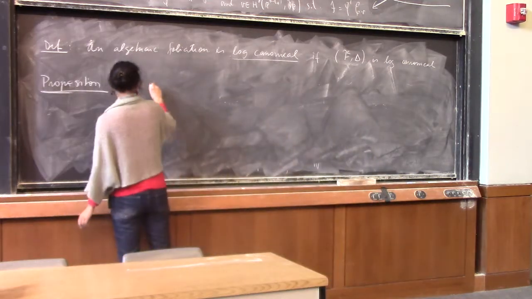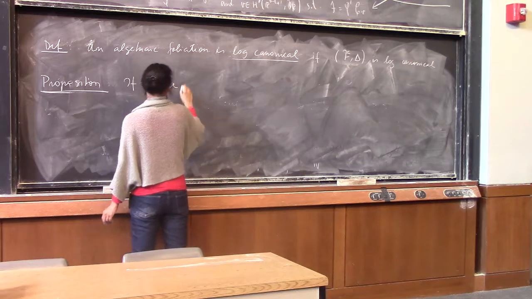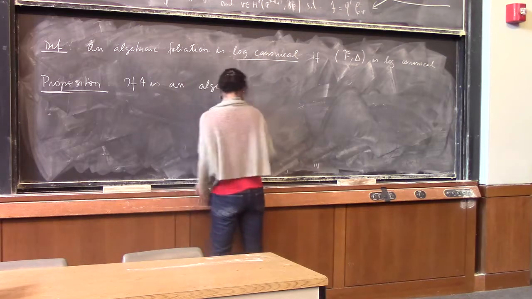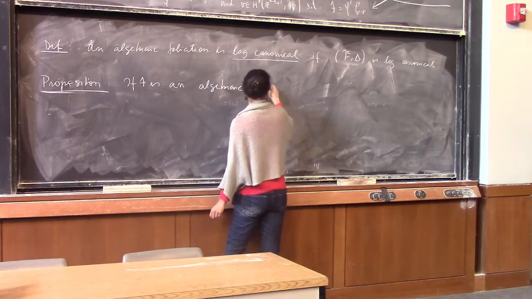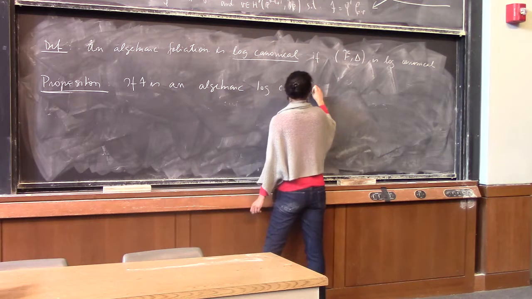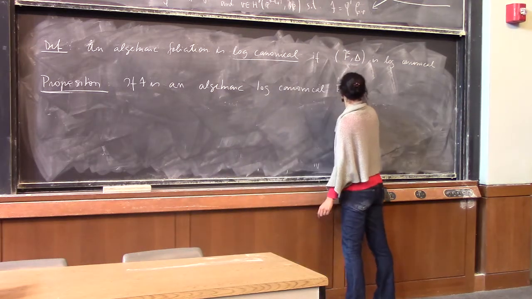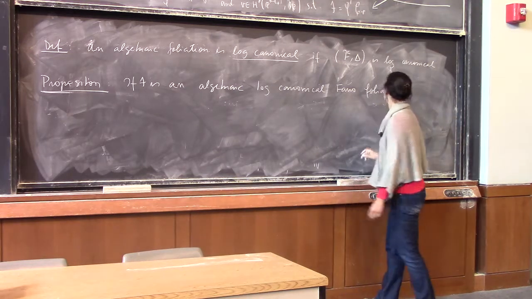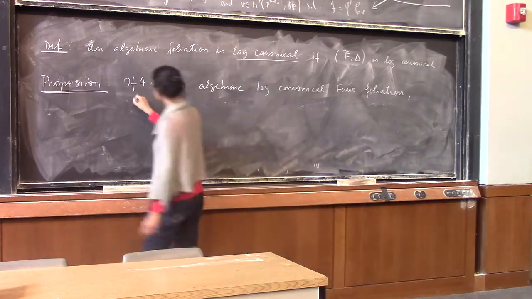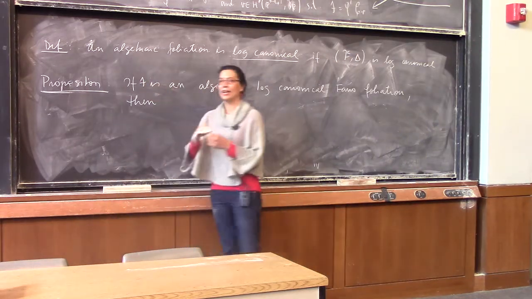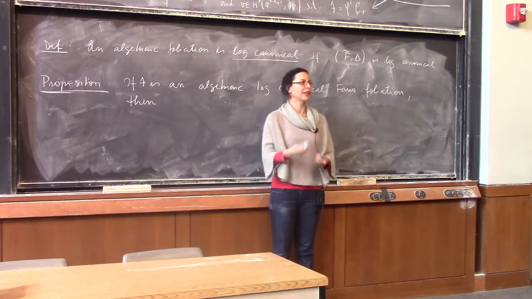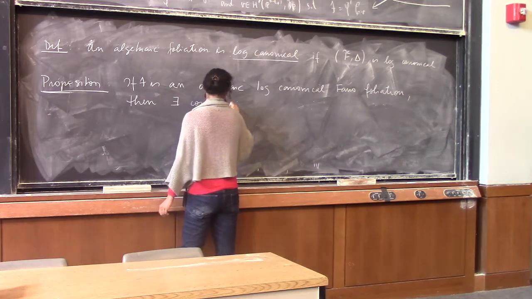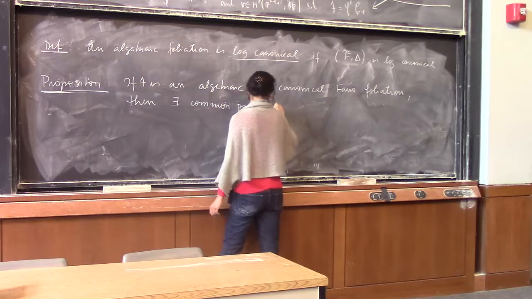If F is an algebraic log canonical Fano foliation, then there exists a common point in every leaf.